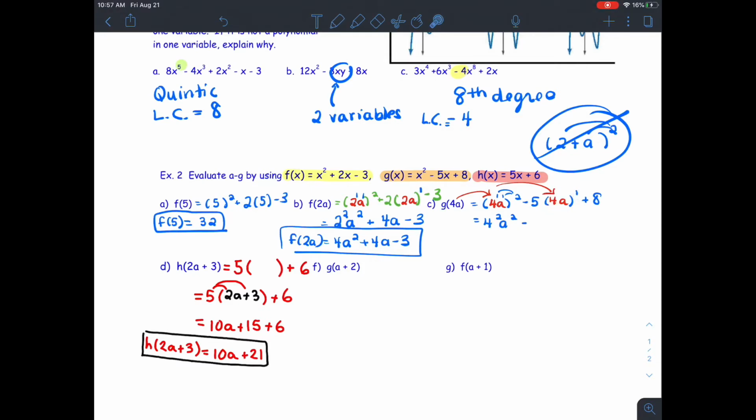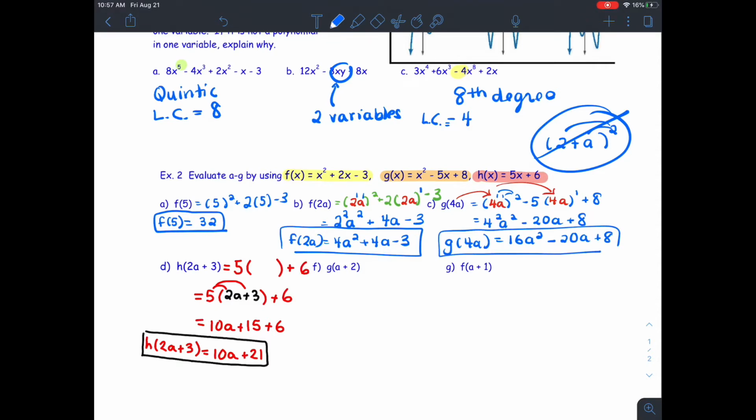However, in this situation, having a 1 out here doesn't really do anything when I distribute, so I'm going to imagine these parentheses aren't even here and just multiply the -5 and the 4 together and make that a -20a. In the end then, I should definitely square off that 4 and change that to a 16a squared.